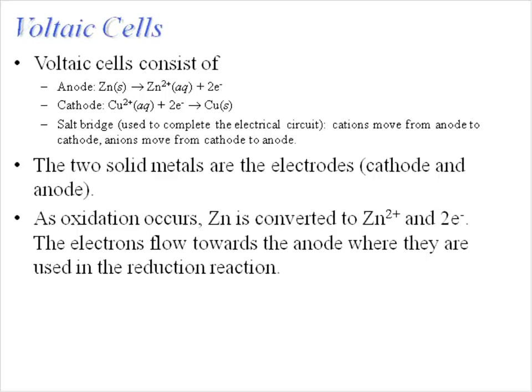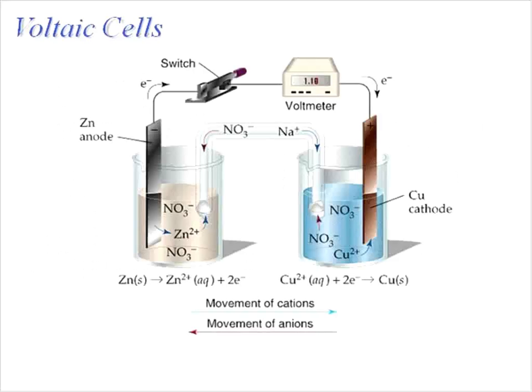Where oxidation is taking place, zinc leaving 2 electrons right here, zinc leaving 2 electrons right here and jumping. 2 electrons are left here only, and these 2 electrons travel up. So electrons in the external circuit flow from anode to cathode. In the external circuit, they flow from anode to cathode.